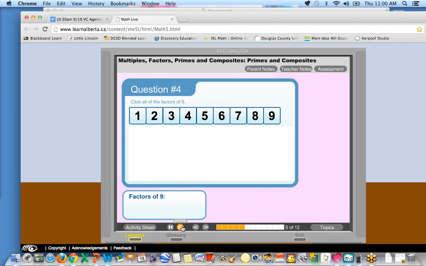Click all the factors of 9. Okay, so we'll start easy. 1 times 9. What other numbers can I multiply together to end up with an answer of 9? Type into the chat.